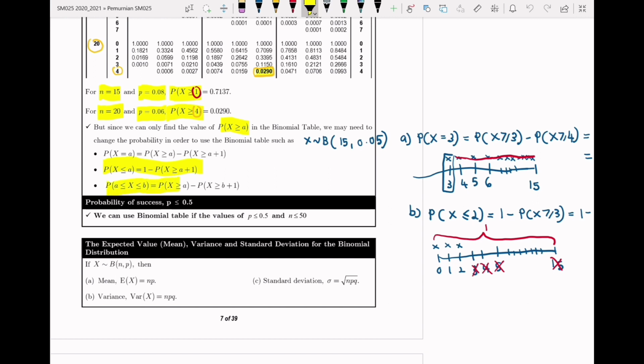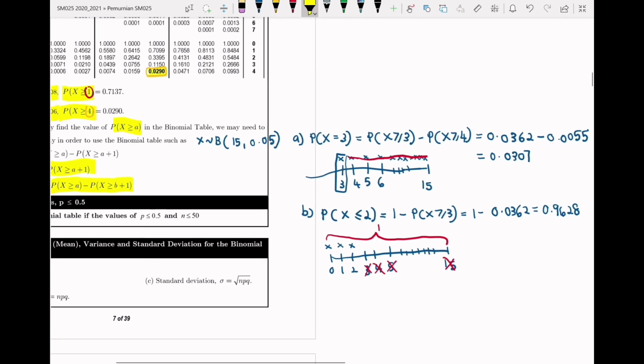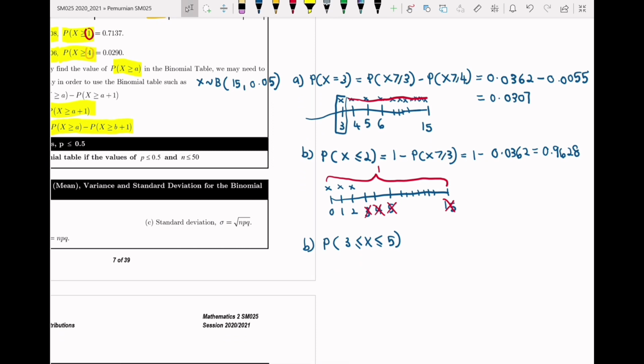Okay, so the third one: if we want to find the value X between a and b inclusive, what we need to do is P(X ≥ a) minus P(X ≥ b+1). So let's look at the example. If we want to find the probability X between 3 and 5, first we look at the number line 0, 1, 2, 3, 4, 5 up until 15.